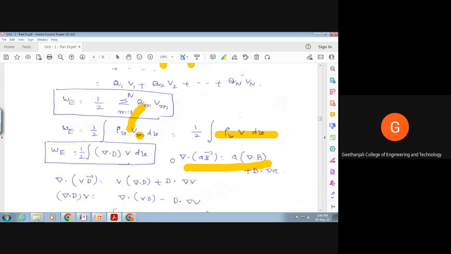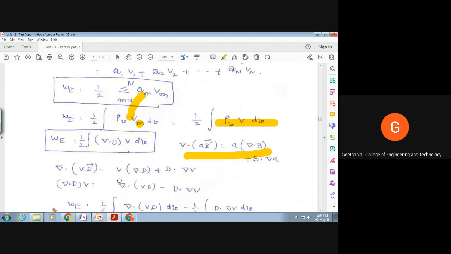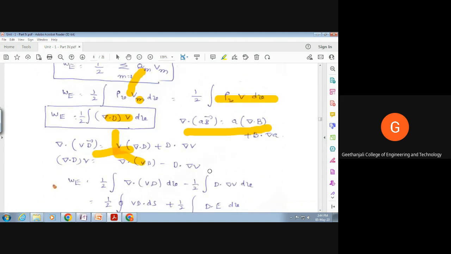When you apply this, it becomes V into del dot D plus D dot grad V. So when I write an expression for del dot D into V, it is equal to divergence of VD minus D dot grad V. Let us go back here, del dot D into V. Now it can be replaced with the divergence of VD minus D dot grad V. So WE becomes half integral divergence of VD into dV minus 1 by 2 integral D dot grad V dV.